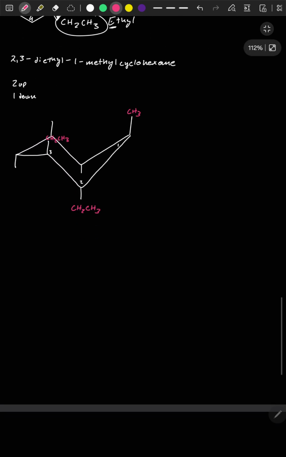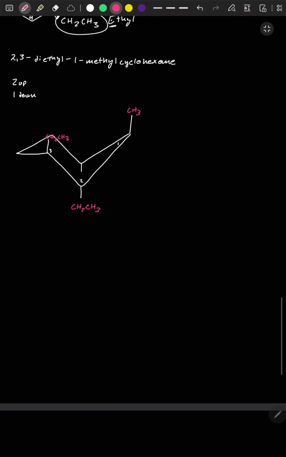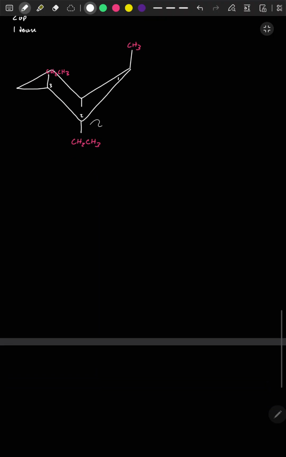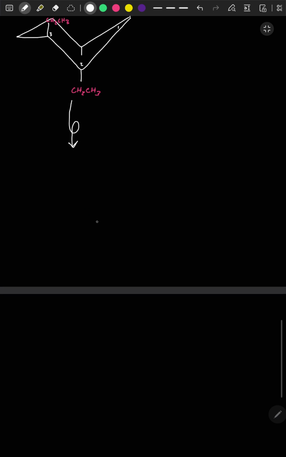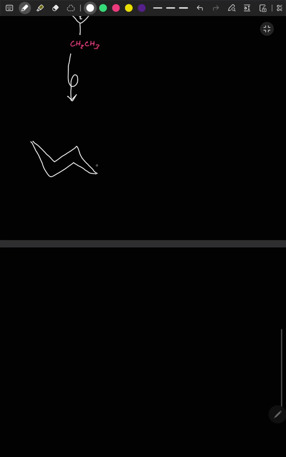So now let's see, what do we have? I think we can make this more stable because generally whenever we have them in the axial positions, they want to be in the equatorial. So let's just go ahead and do the chair flip real quick. So if we do the chair flip of this, that is an ugly chair, but it'll work.